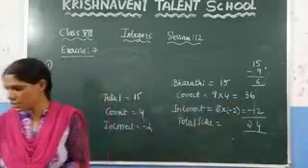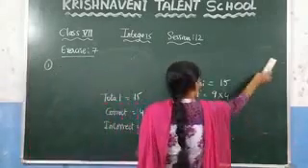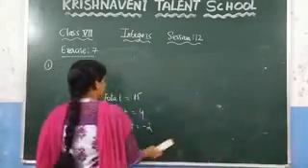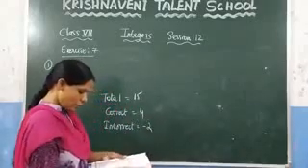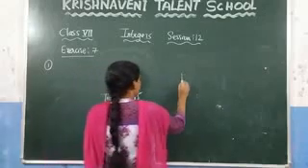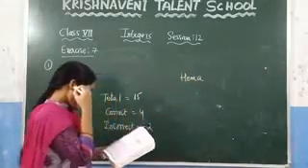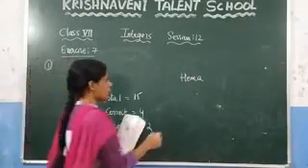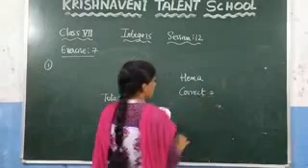Now, let's see the second one. This is the question they have given, and they said that one of her friends attempts only 5 questions. How many questions did she attempt here?